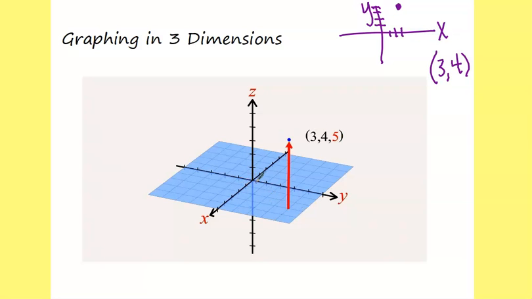So this is what the point 3, 4, and then 5 brings it up into the air in 3 dimensions. Like I said, we're really not going to get into that, but I just wanted to show you that you can graph points in 3 dimensions. It just looks a little bit different. Things get oriented just a little bit differently there.